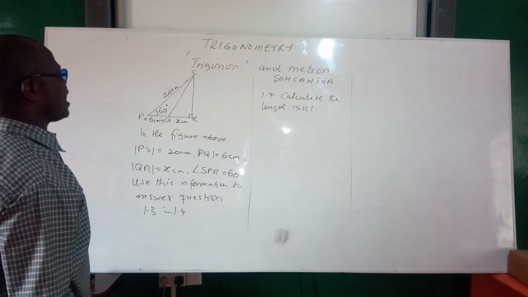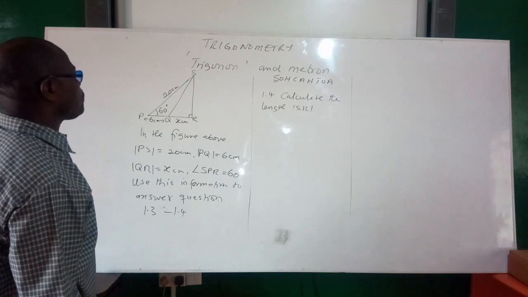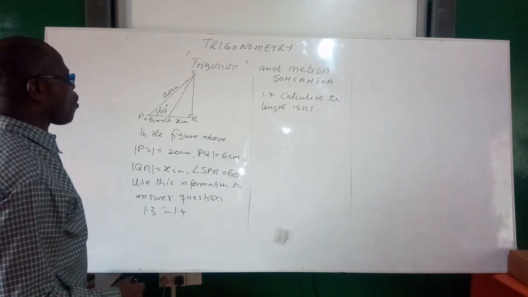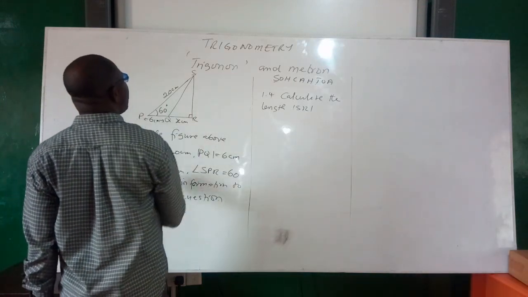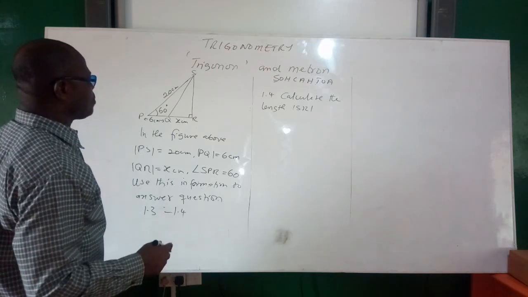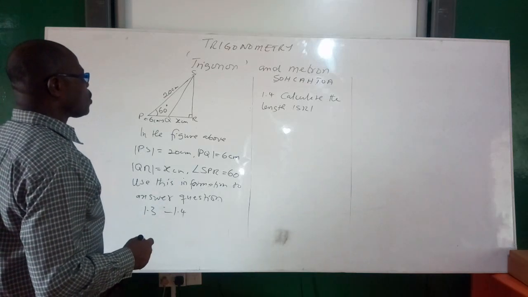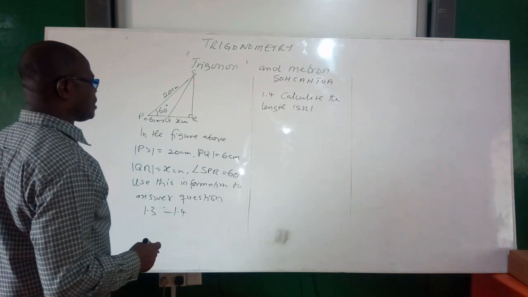Now we know the value of x, so things are very easy for us now. So PR is 6 plus 4, making it 10. So if we consider PS, that is the hypotenuse, and then PR will now become the adjacent. So if we want to find SR, it means that SR will become opposite.